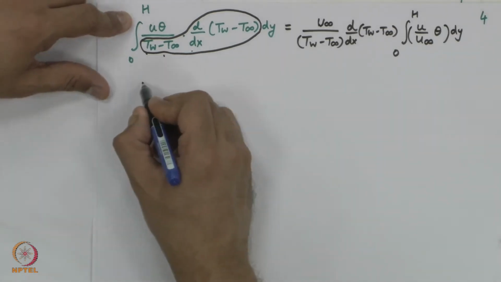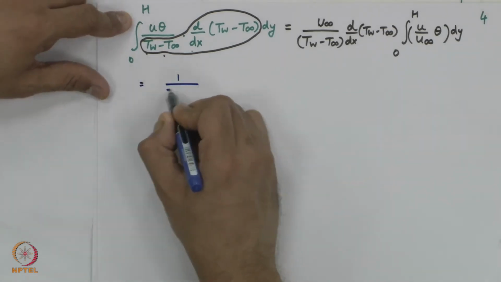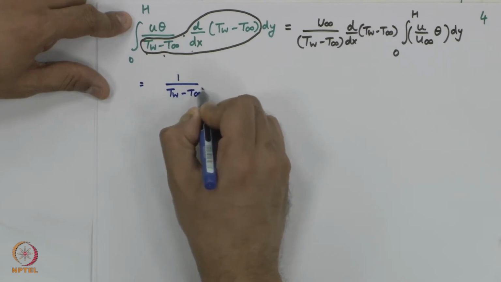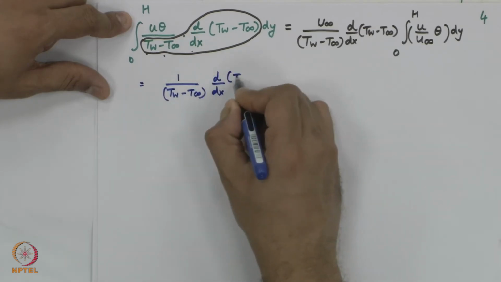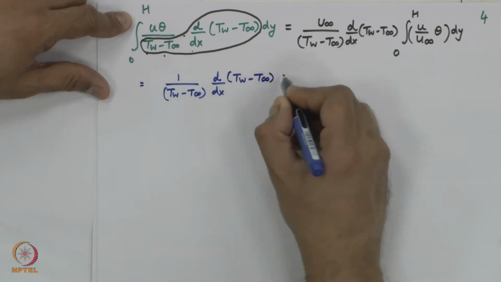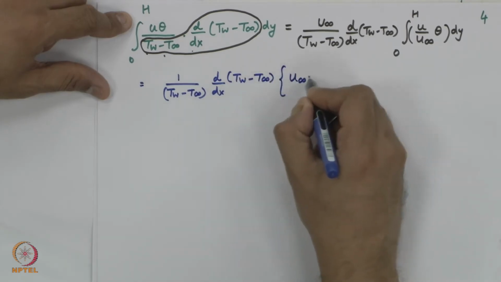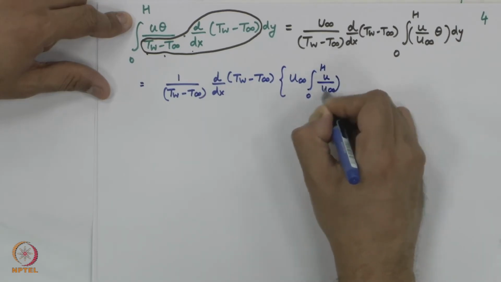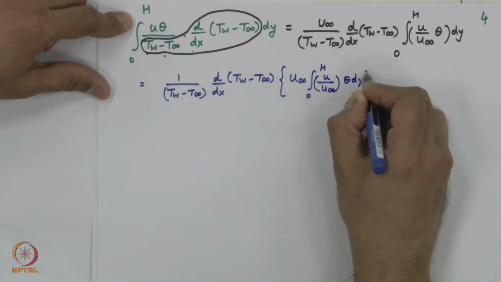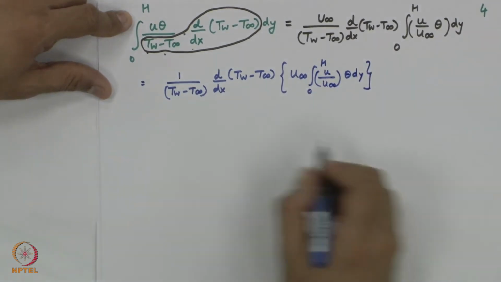This can be rewritten as 1 by t wall minus t infinity, d by dx of t wall minus t infinity, within brackets u infinity times the integral 0 to h of u by u infinity, theta dy, bracket complete.